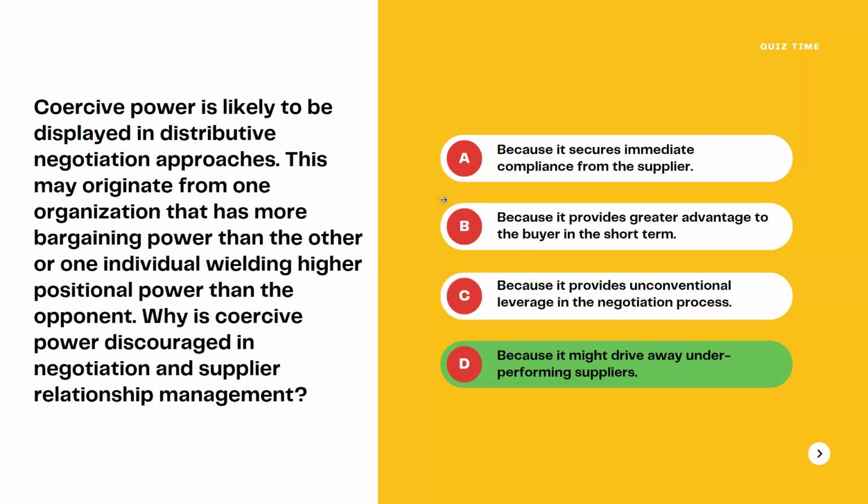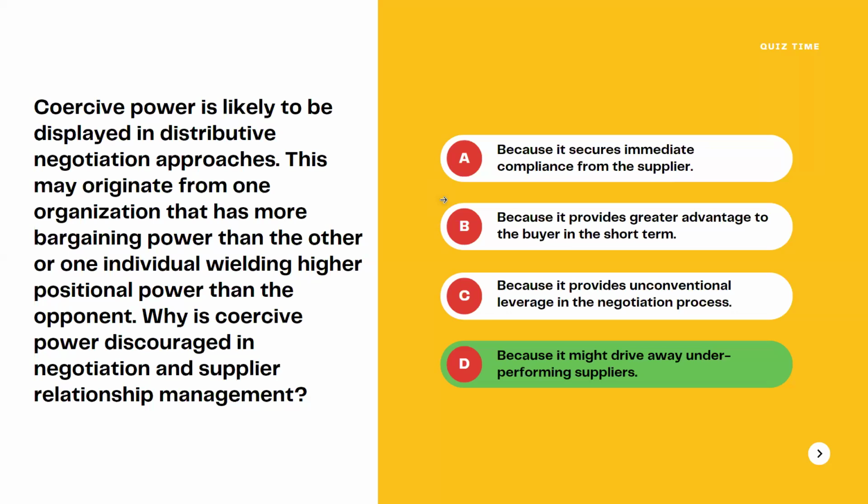So A is not a reason to discourage. Option B, because it provides greater advantage to the buyer in the short term. I don't see any problem with this option as well. It is also an advantage and not a reason for being discouraged.